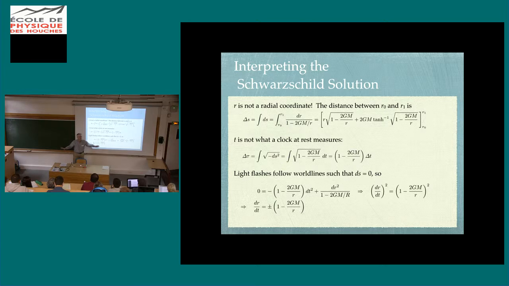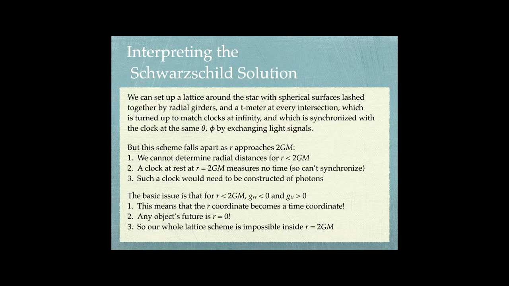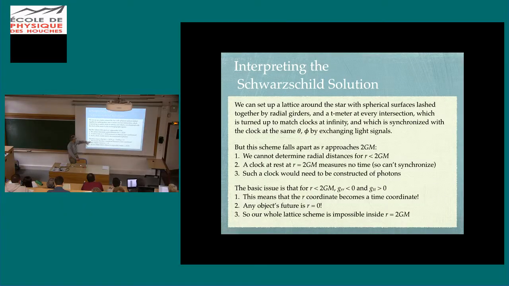This is the coordinate problem with Schwarzschild coordinates and why you want to use Eddington-Finkelstein coordinates or some other kind of coordinate system where that problem doesn't arise. We can't build this lattice anymore for Schwarzschild coordinates. And in fact, the core problem is that the r coordinate, in a diagonal metric, look for the negative coordinate, the one with the negative metric.